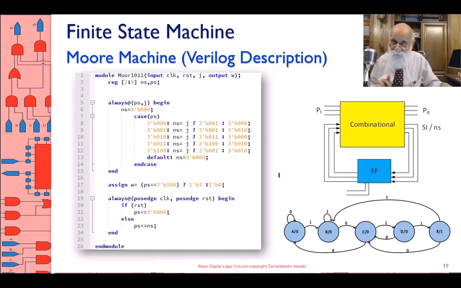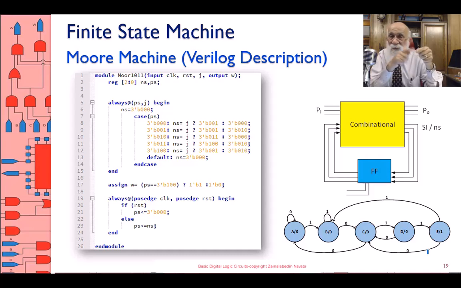Let's do the Verilog description of it. We have already shown a Verilog description for a sequential circuit described by its state diagram. There is a very close correspondence between the state diagram and the Verilog description. We have said this before, I'm going to say it again. Take the state diagram and look at the transitions.